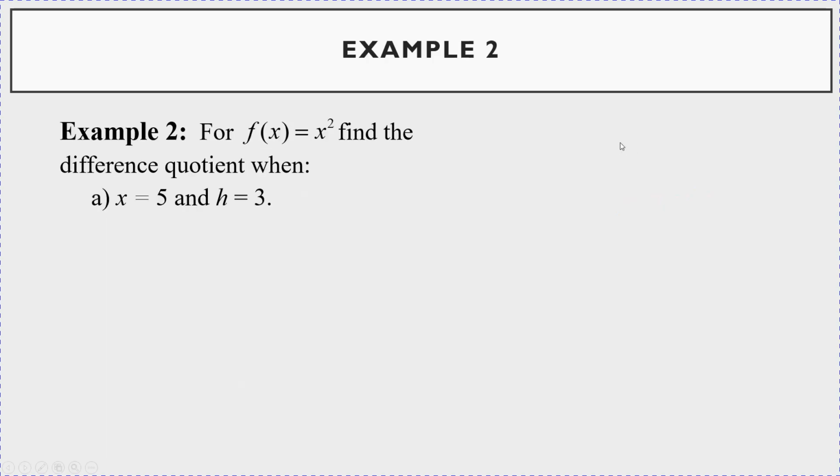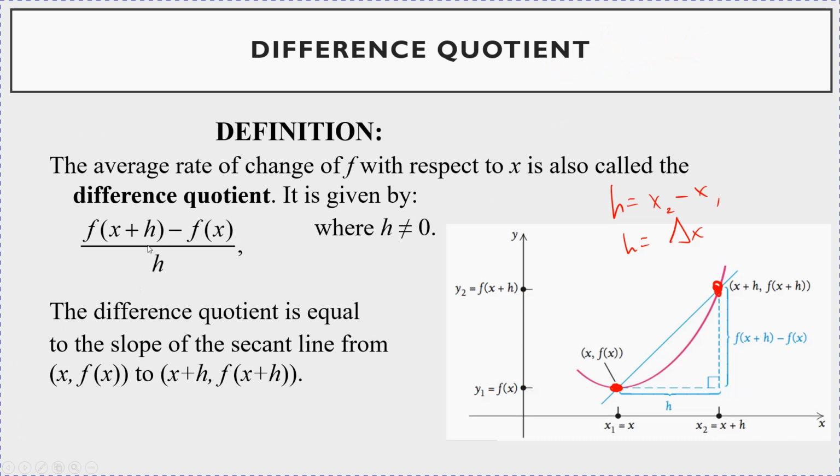All right, so let's do this one. Let's investigate this. Going back to f of x equals x squared, let's find the difference quotient. Just remember the difference quotient is f of x plus h minus f of x all over h. I'm just copying it from right here.